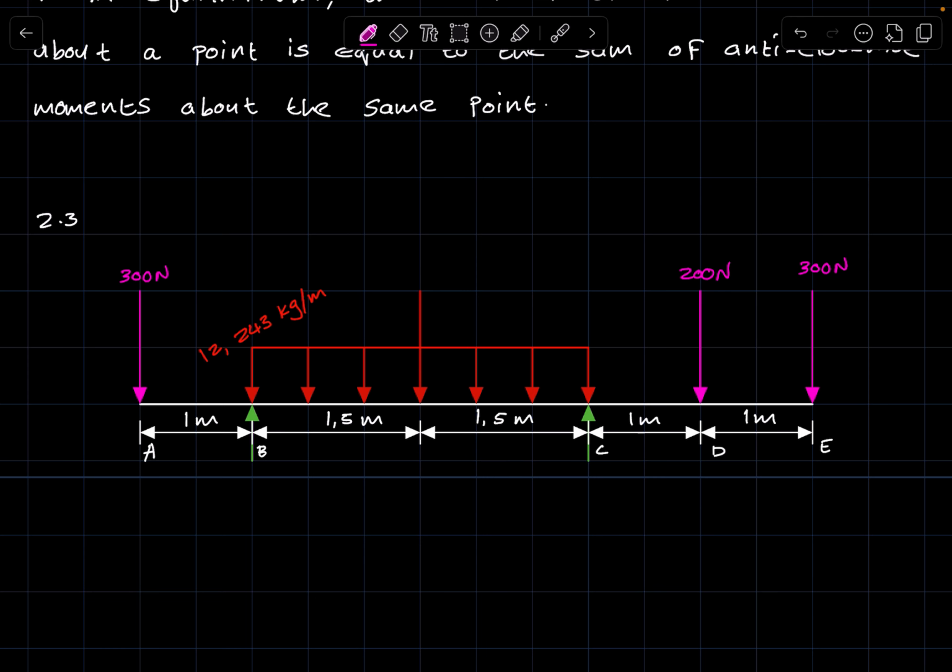Normally, the UDL is expressed as Newton per meter, right. Now, obviously, if you look at how the UDL is expressed currently, we cannot use it as it is in having to apply conditions of equilibrium.